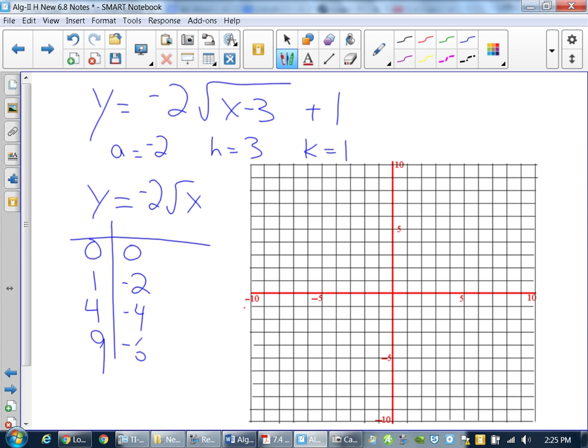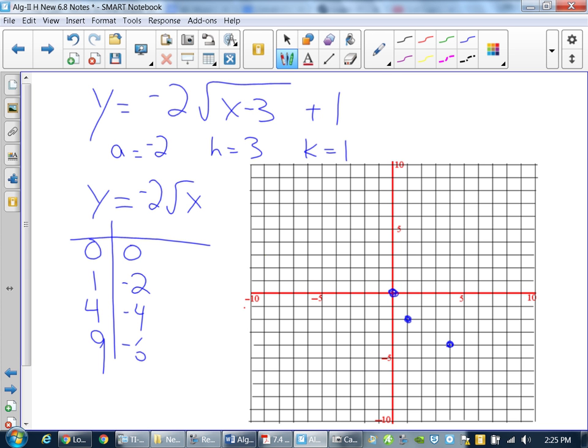But that's fine. And you're right, because if you move it to 3, you get 3 minus 3 is 0, and then you just move that up 1, and you go from there. So I plot these 4 points. I have 0, then it's 1, -2, so this now moves, since notice how my a value is negative, which meant it's reflected to the bottom half of the curve. 4, -4.